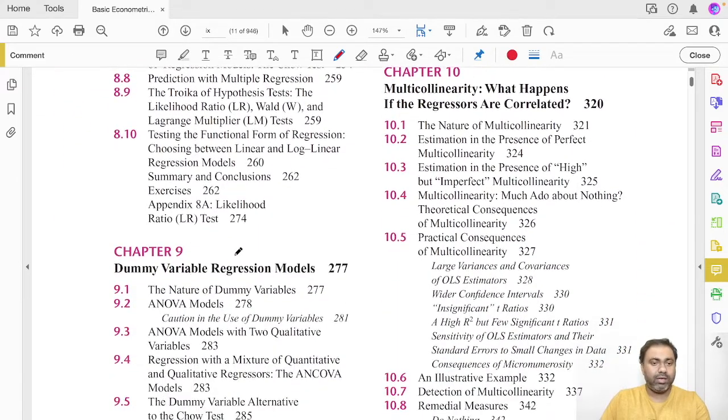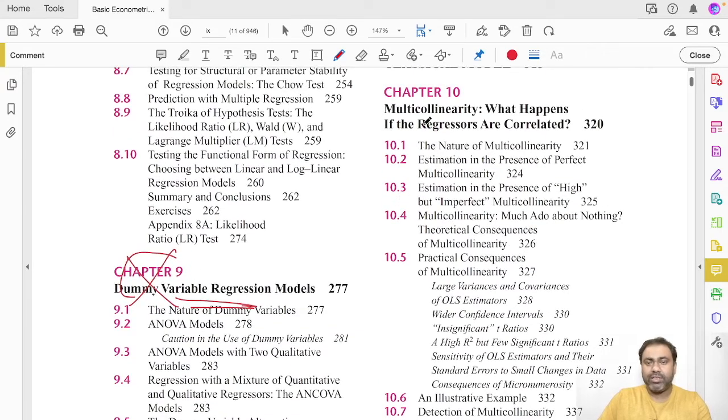Okay. Dummy variable regression model is not so important, so you should leave it. In chapter 10, that is part 2, we just need to understand what the basic Gauss Markov assumptions are, and if those assumptions are relaxed, then what are the complications or implications for the regression model? So you need to understand that.